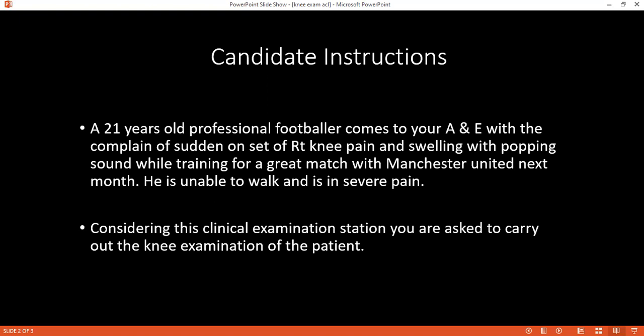If conservative management fails, he will need surgery for anterior cruciate ligament repair. Maybe you can offer arthroscopy first, and arthrocentesis. Good, excellent, exactly on time, very good.